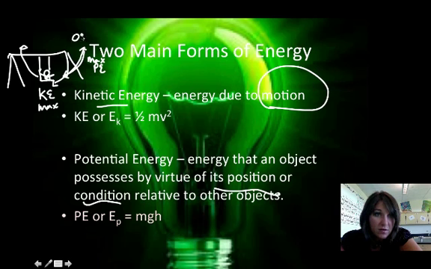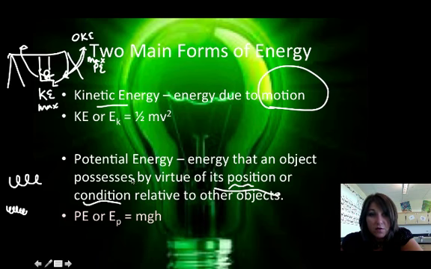So here we would have zero kinetic energy at the top of the swing because it stops going up and then starts going back down again, right? So that's how potential energy and kinetic energy work. One is due to motion, one is due to its position or its condition, like a spring if it's stretched or compressed, right? That's its condition.